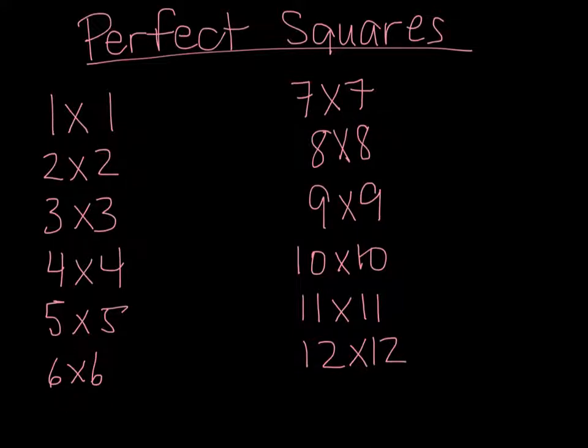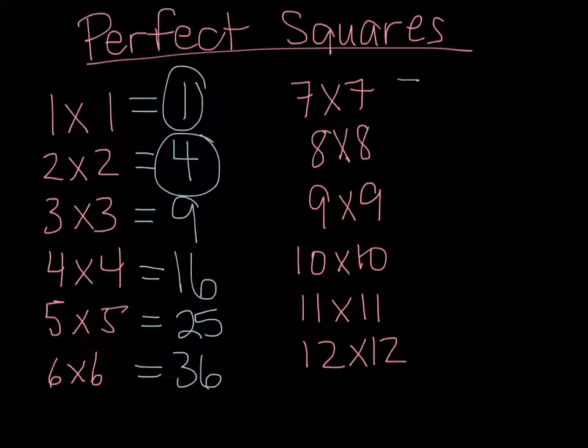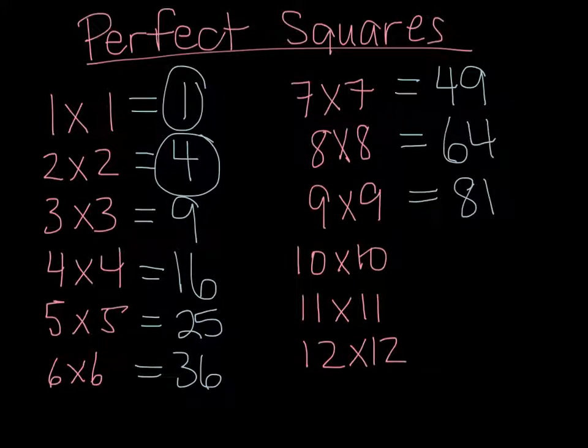So we know that perfect squares can be found by multiplying any number by itself. 1 times 1 is 1. 1 is a perfect square. 2 times 2 is 4. 4 is a perfect square. And so on. 3 times 3 is 9. 4 times 4 is 16. 5 times 5 is 25. 6 times 6, 36. 7 times 7 is 49. 8 times 8 is 64. 9 times 9 is 81. 10 times 10 is 100. 11 times 11 is 121.